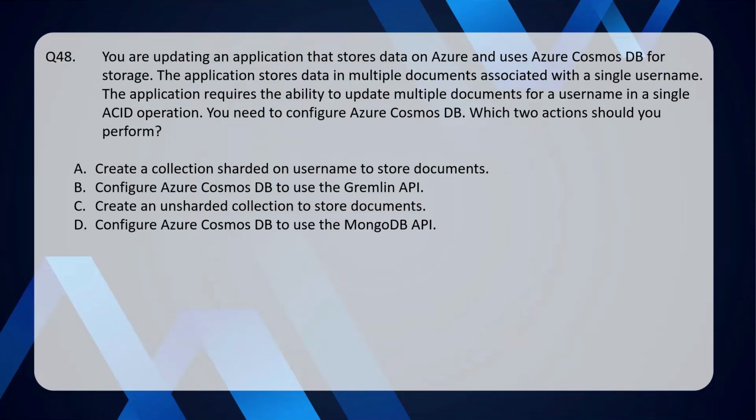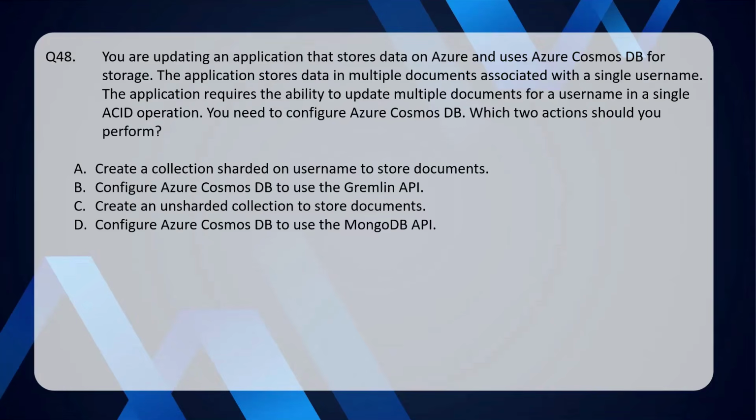You need to configure Azure Cosmos DB. Which two actions should you perform? Your options are: create a collection sharded on username to store documents, configure Azure Cosmos DB to use the Gremlin API, create an unsharded collection to store documents, configure Azure Cosmos DB to use the MongoDB API.